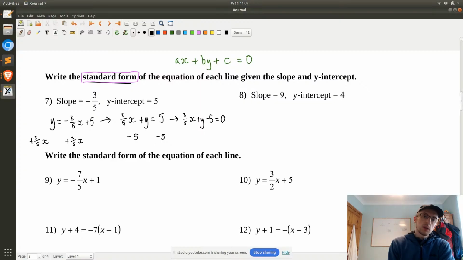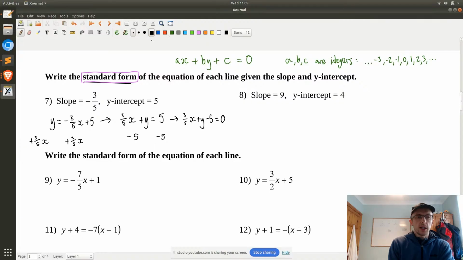But it's preferable that a, b, and c are whole numbers, are integers, which, as a reminder, are these numbers. Okay? All the natural numbers and 0 and their negatives.